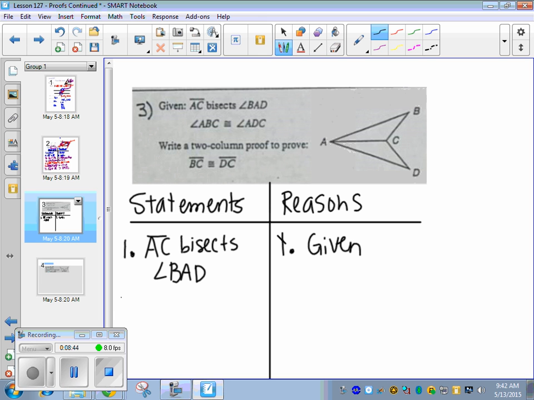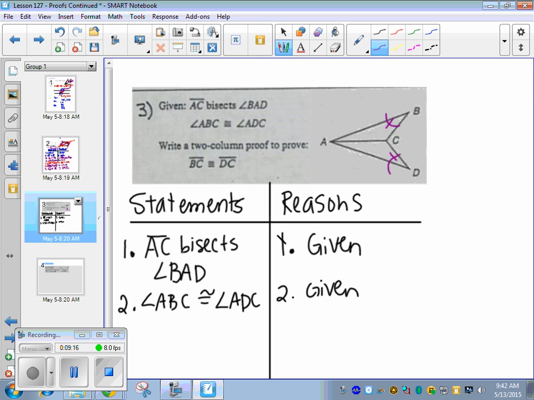Okay, Wyatt, what should I state next? Okay. So go ahead and mark angle ABC congruent to angle ADC. And then AC bisects BAD.